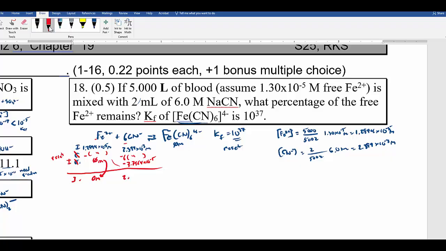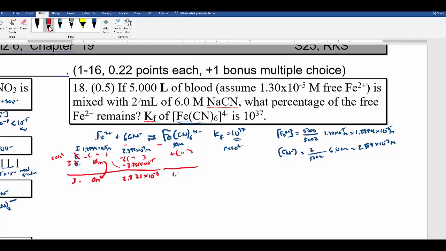This is going to be 2.321 times 10 to the minus 3. And this is going to be plus the limiting reagent here. It's a 1 to 6 to 1 ratio. So this is going to be 1 to 1. And so that's just going to be 1.2994 times 10 to the minus 5.